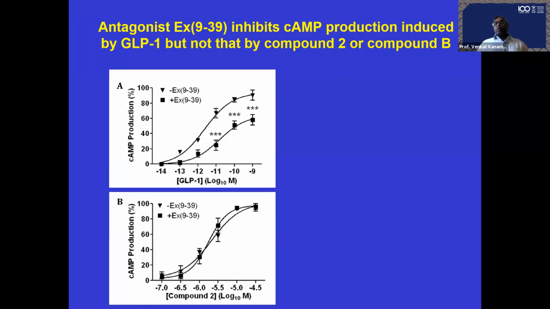We then looked at whether the binding site is the same for the native ligand as for these small molecules, using an antagonist, shown here as exendin 9-39, which we know competitively inhibits GLP-1 binding to the receptor. As expected, it reduced cyclic AMP production by competitively inhibiting GLP-1 binding, but it had no effect on small molecule binding to the receptor.